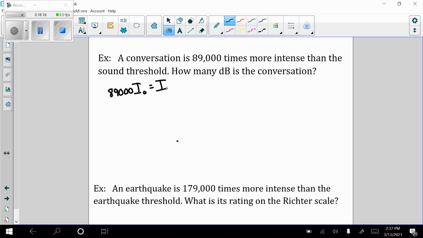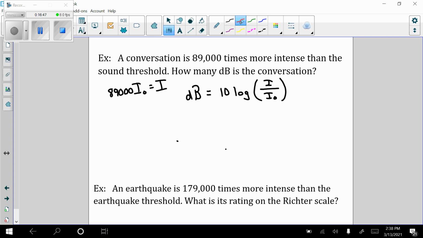That little formula is going to help us when we work on our decibels. So I'm just going to use the original formula that I gave you on the previous page. It's 10 log of the intensity over the intensity of the threshold.